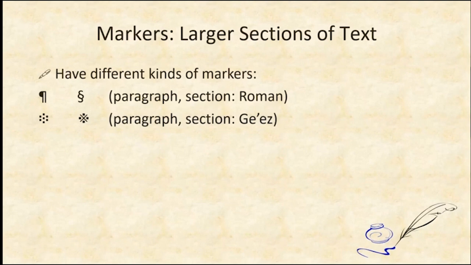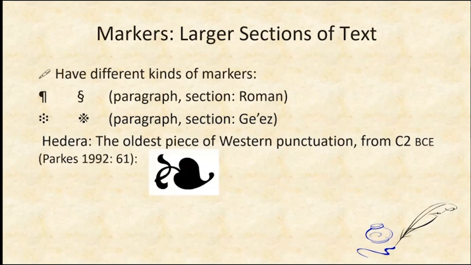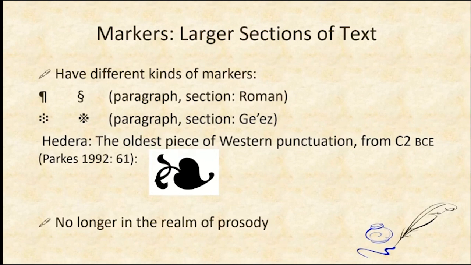They're larger and more complex in their shapes, including the oldest piece of written Western punctuation, the ivy leaf or hedera. And interestingly, now that we have a different shape to our punctuation, we're also no longer in the realm of prosody, suggesting that the other punctuation marks are in the realm of prosody.